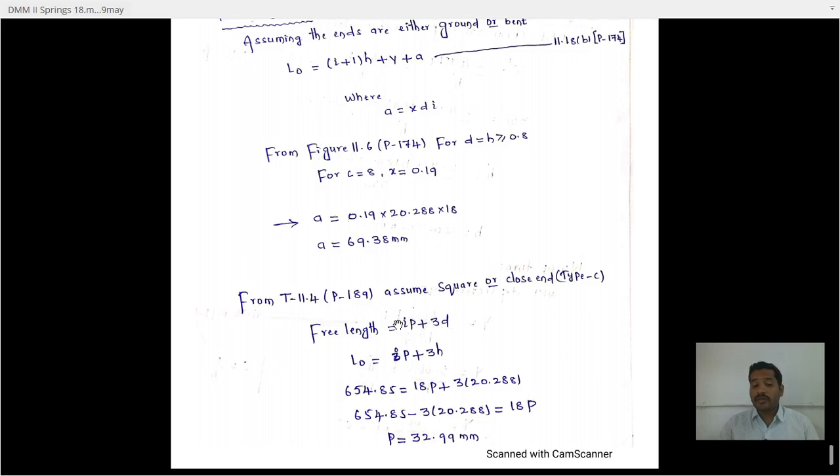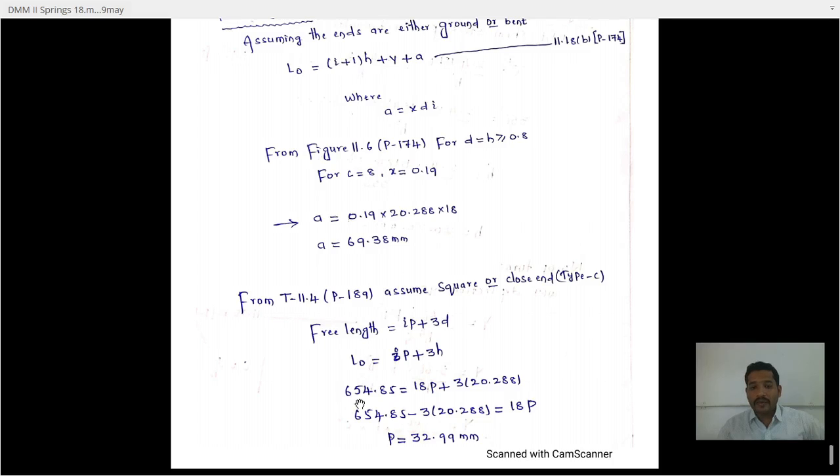The free length is L0, which I did directly. So you have to substitute this value in this equation.